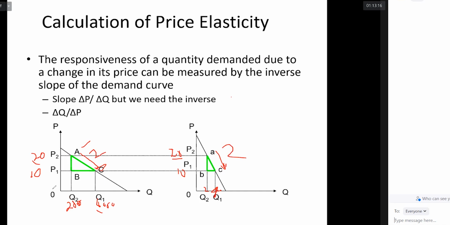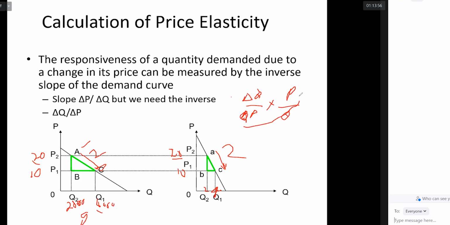Now, what I wanted to say here is that when we get a proportionate change, of course, we have no difference. Whether it is grams, here we did with grams, 2000 grams and 4000 grams, or kilograms, 2 and 4. When we did the calculation, you can do it easily: delta Q by delta P, so change in quantity demanded divided by change in price, multiplied by the initial price and initial quantity.